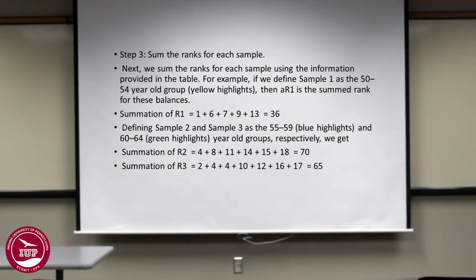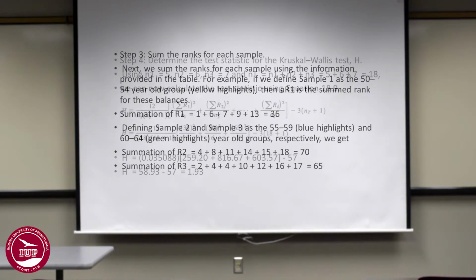The summation of R1 is equal to 1 plus 6 plus 7 plus 9 plus 13, which equals 36. Defining sample 2 and sample 3 as the 55 to 59 blue highlight and 60 to 64 green highlight age groups respectively, we get summation of R2 equal to 70 and summation of R3 equal to 65.